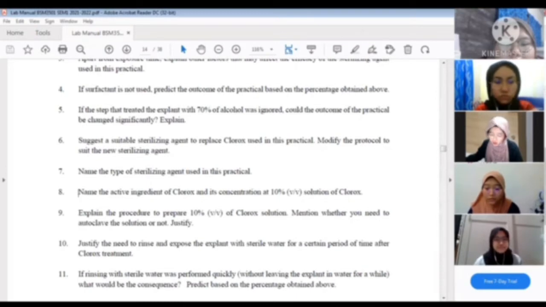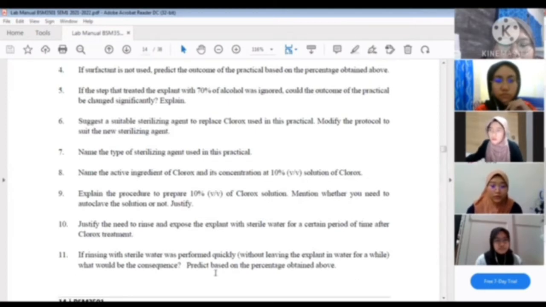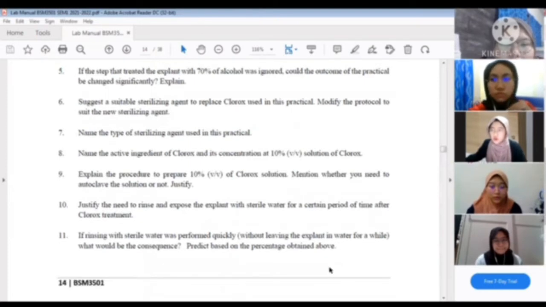Okay, so number 11. If rinsing with sterile water was performed quickly, which is without leaving the explant in water for a while, what would be the consequence? Predict based on the percentage obtained above.